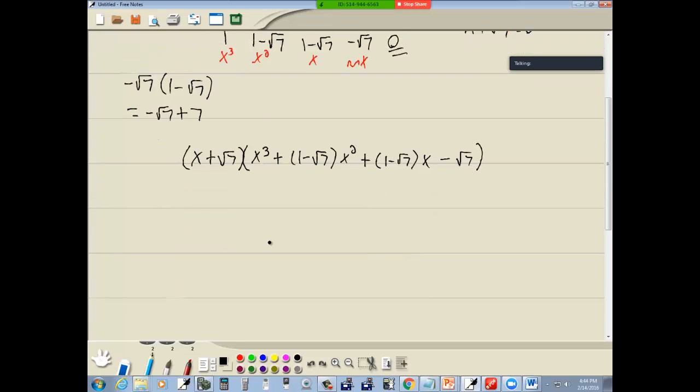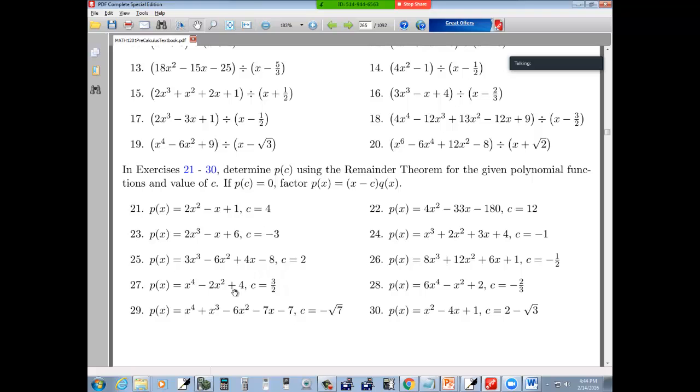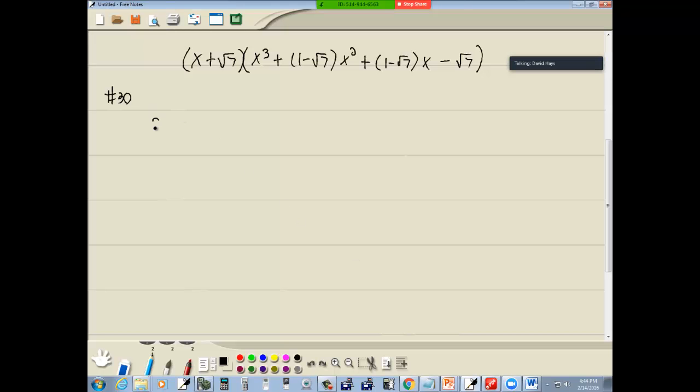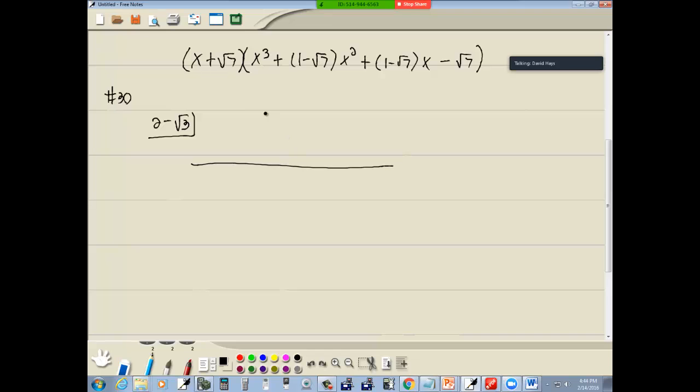Let's show the next one. 30. It's 2 minus square root of 3. And we have x squared. Oh, this one's probably easier.